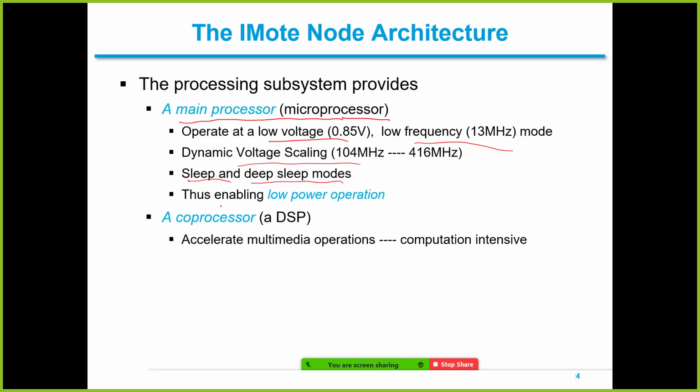Because of this, it has low power operation. And also, as the architecture figure shows, there's a second processor, a coprocessor. Actually it's a DSP chip, so it can accelerate the multimedia processing.